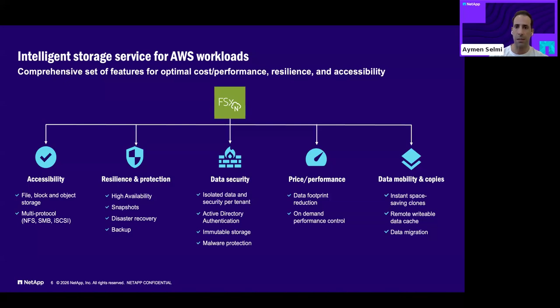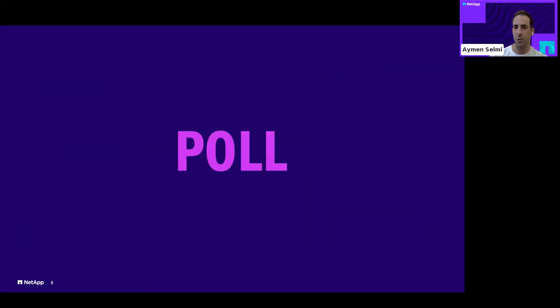Among them, we see accessibility, resilience in data protection, data security, price and performance. That's really important in these kinds of workloads. And finally, data mobility and copies. For the next slide, I'll try to unpack those challenges that Paul and you, Danny, mentioned, and show the value of FSx to these specific workloads.